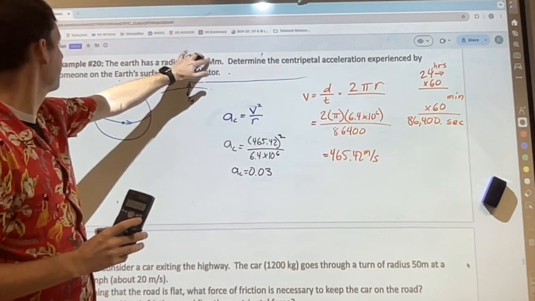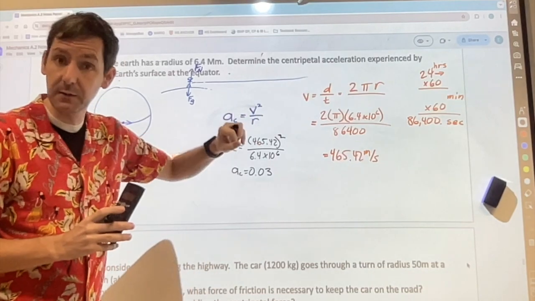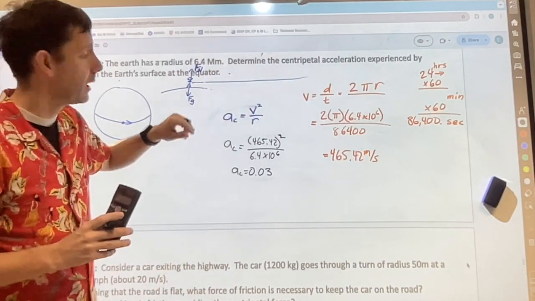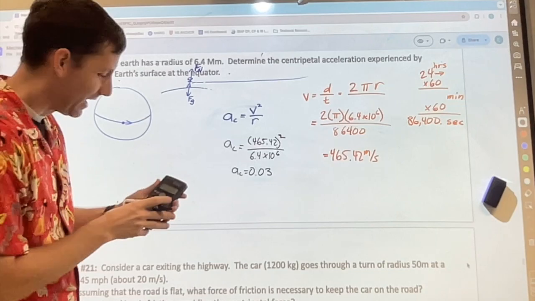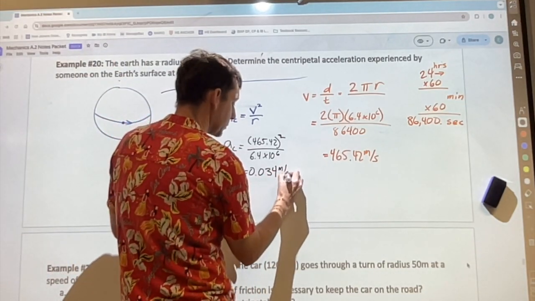So I have 2 significant figures there. You always go with the least number of significant figures that you had available in your data. And so 2 would be it here. And so I'm going to go 0.34 meters per second squared.